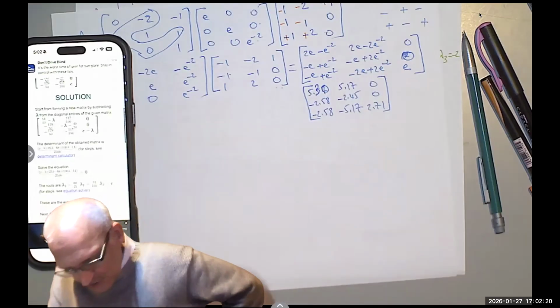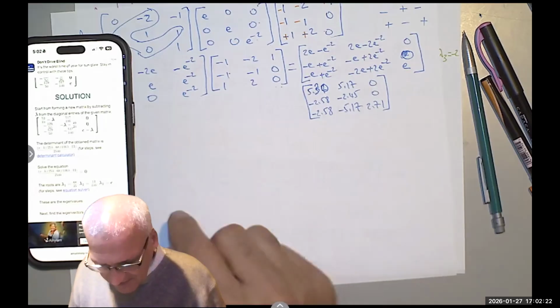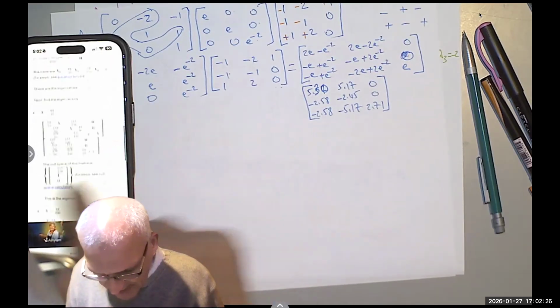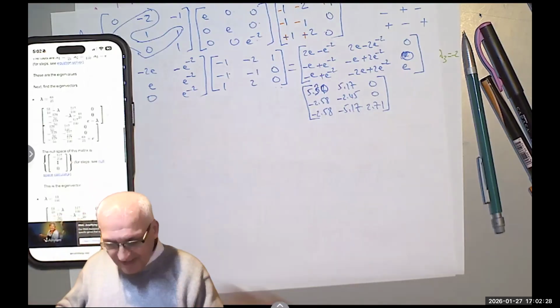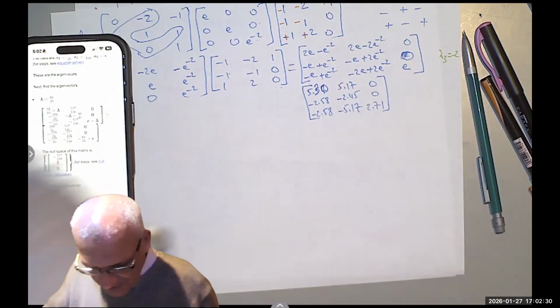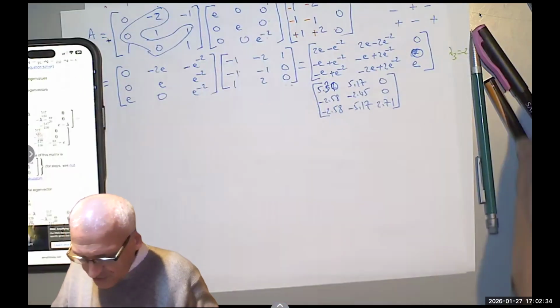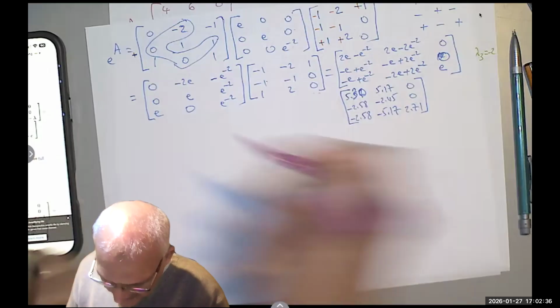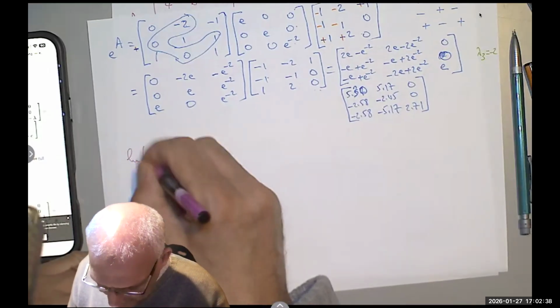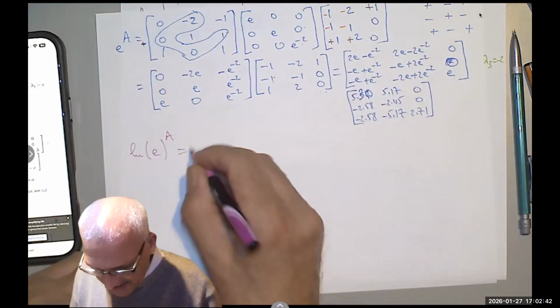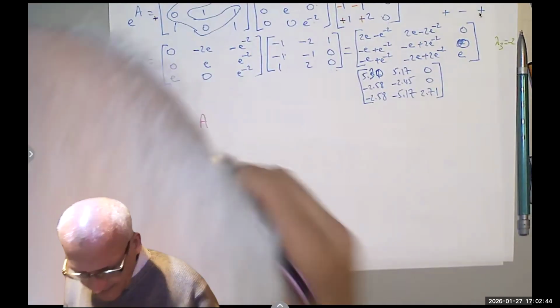Okay, so these are the eigenvalues and those are the eigenvectors. Of course, they approximate it. So, for example, if I say the natural log of e to the a, which should give me a, it would be the following.